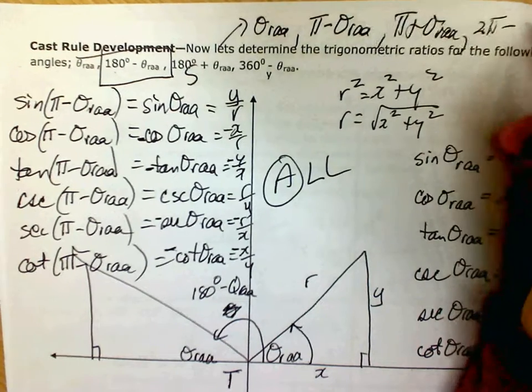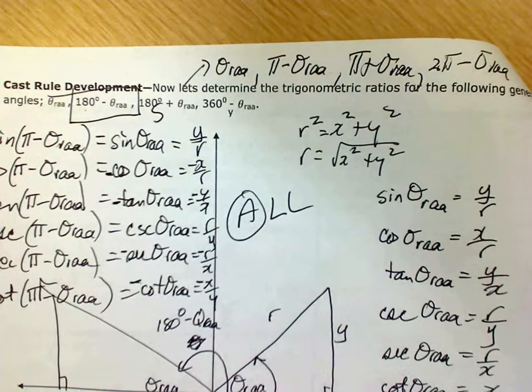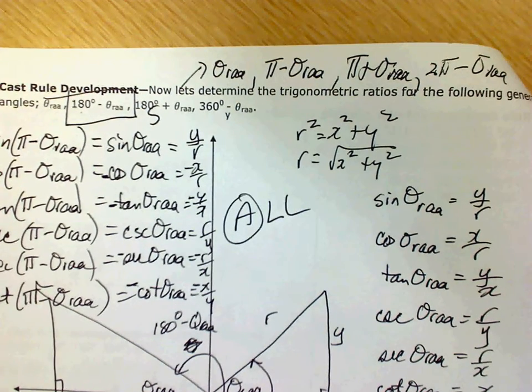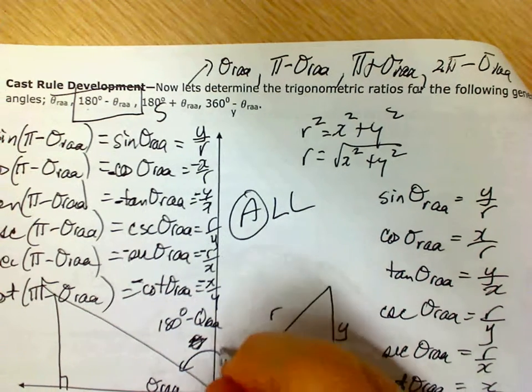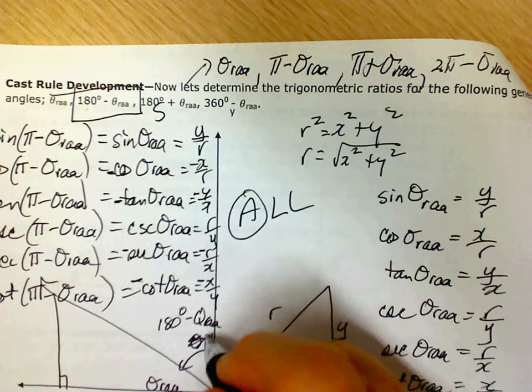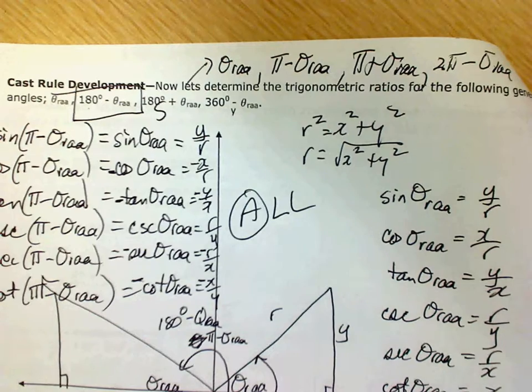I'm just trying to get you used to radian measure too, okay? This is 180 minus theta RAA or pi minus theta RAA. Does that make sense?